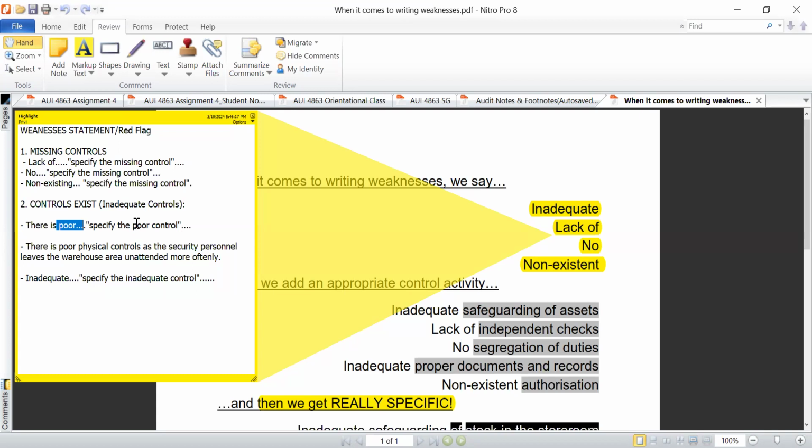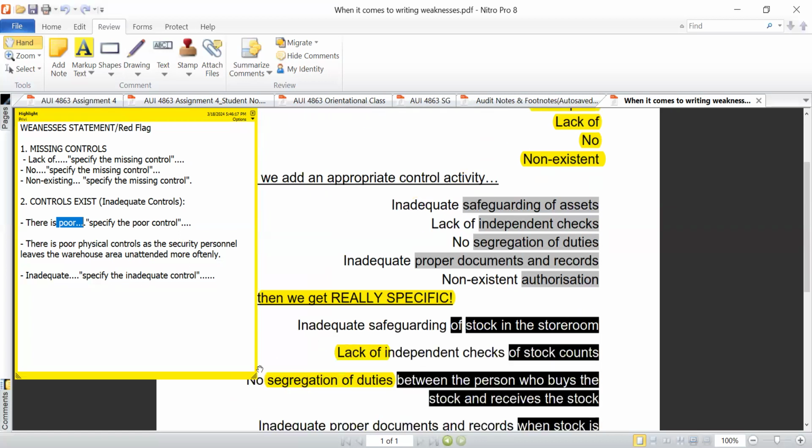But it does not have to end in you saying there's poor segregation of duty. Why are you saying there's poor segregation of duty? Why are you saying there's inadequate segregation of duty? Your weakness statement does not just end in saying there's lack of independent checks or no segregation of duty. You now need to become very specific, and that's where marks come from.